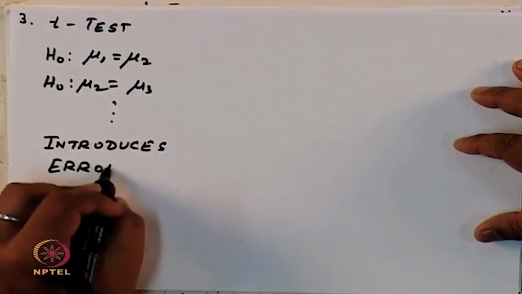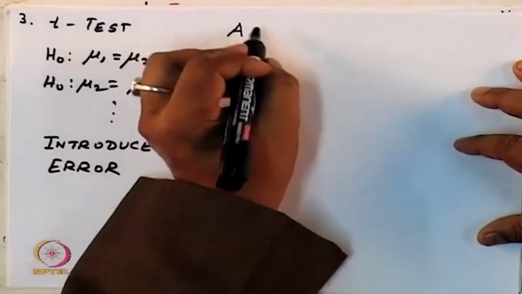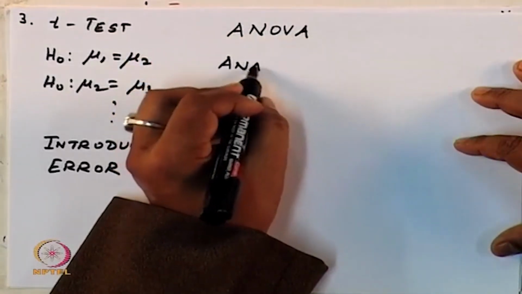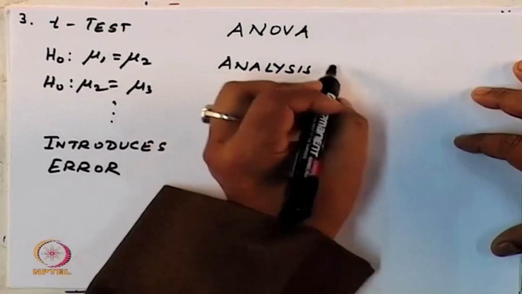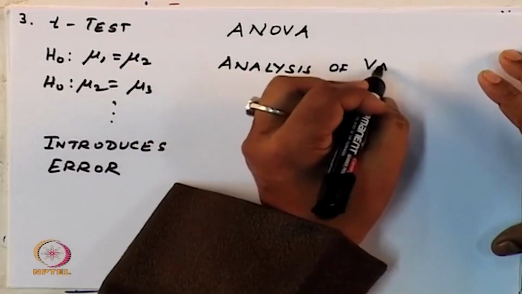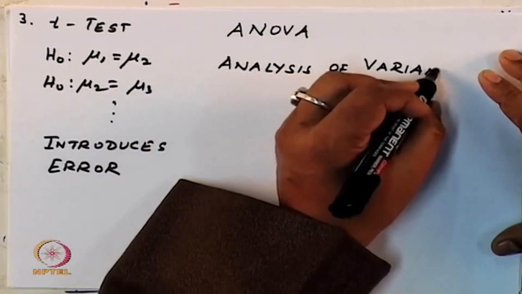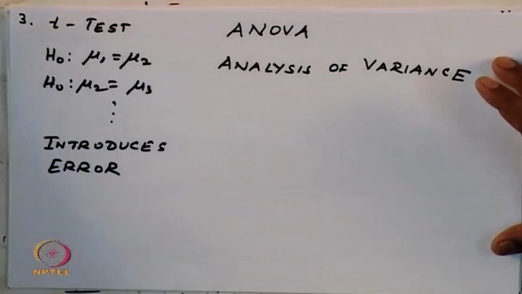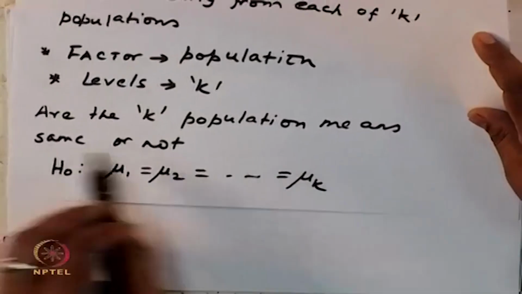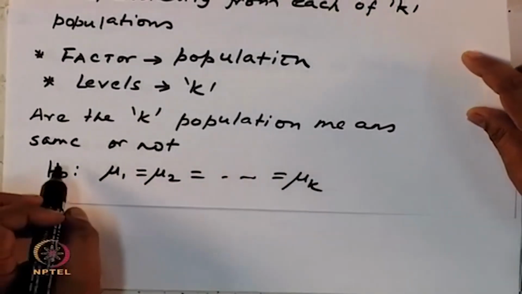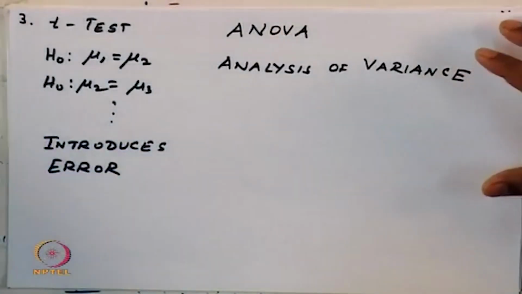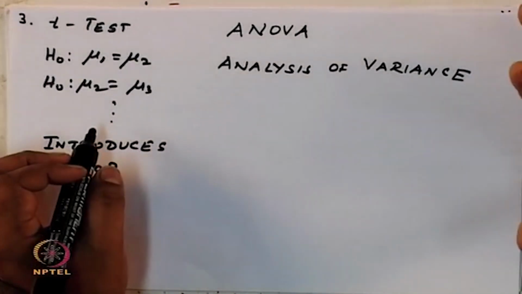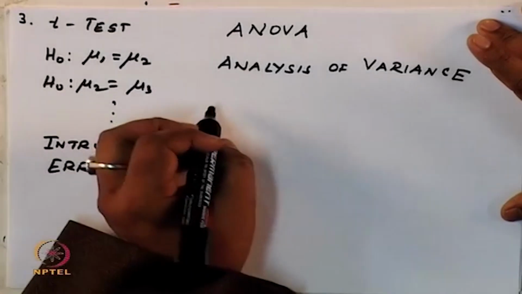So, ANOVA, okay, short for analysis of variance, allows you to answer this question, that are the k subpopulations, are the k population means same or not, in a single test. Okay. So, what do you exactly do in ANOVA, okay, and what are the assumptions?